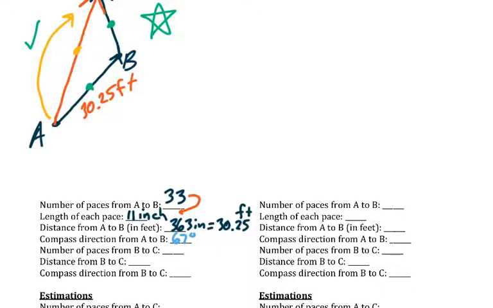All right, and then I went from B and walked over to C, and I walked 32 steps, or 32 paces. I knew that the length of each pace was 11 inches, so I multiplied 32 times 11, and I got that my actual distance was 352 inches, which, divided by 12, was about 29.33 feet.